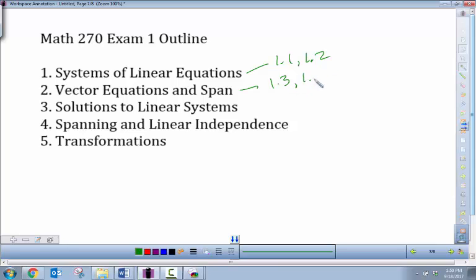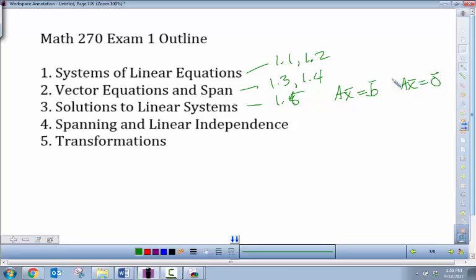1.4 maybe. So being able to write something as vector equations using vectors would be a good idea to know how to do. Solutions to linear systems is 1.4 and 1.5, I think. Or 1.5, the AX equals B, or AX equals 0.